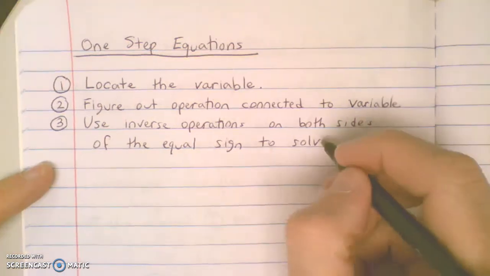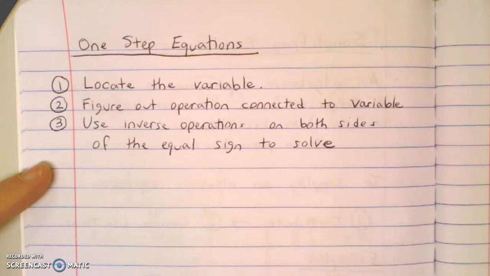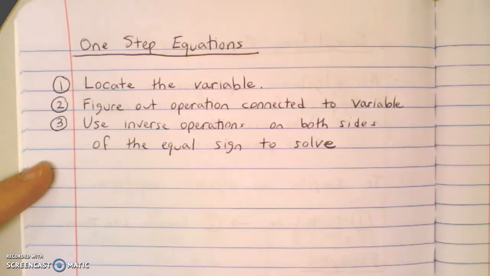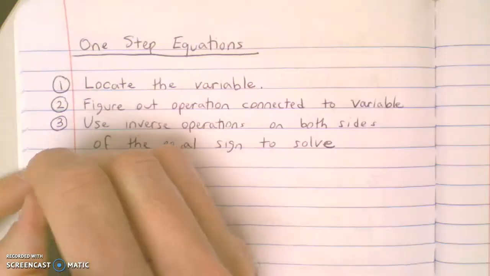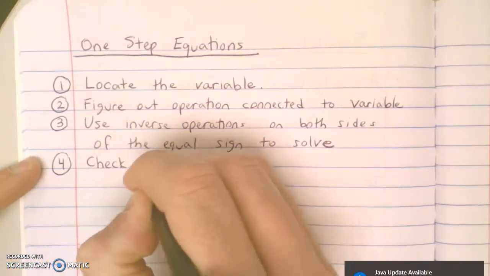We're going to talk about what inverse operations are, but when you're solving an equation, you have to keep it balanced. You have to do one thing on one side of the equal sign, and the same thing on the other side. And then the last step that you can always do with equations is check your answer.